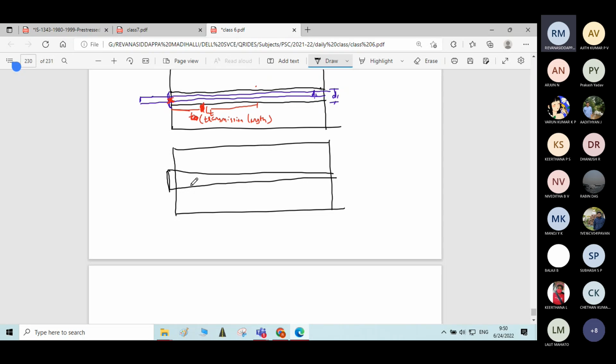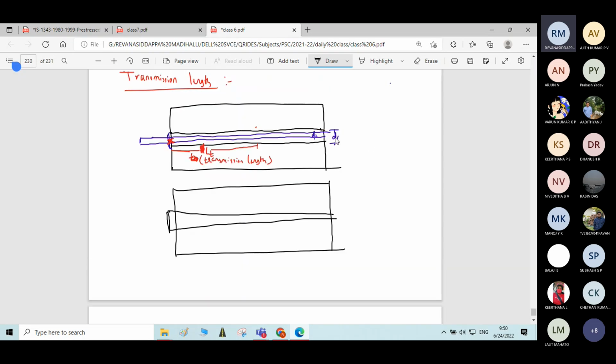I hope you are understanding. D1 is the original diameter of the tendon, and in the next step, it will be stretched to some required pre-stressing force or some required length. Then after that, it is released. When the tendon is released, at the force end the stresses will be zero, and the stresses will have some maximum value at some particular zone here. This length is called LT, that is transmission length.